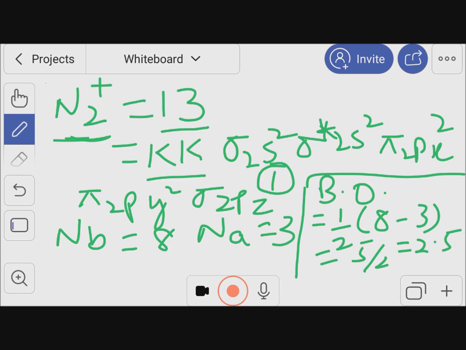It means the bond order of the N2 positive ion is 2.5.